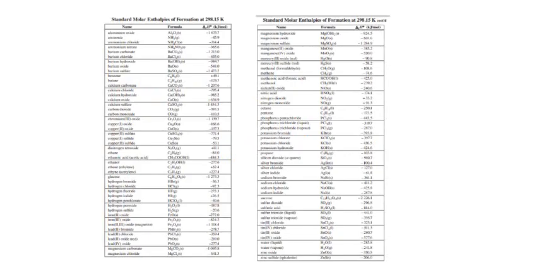So for the Thermochemistry unit corresponding to the Chemistry 30 data booklet, it gives us a table on pages 4 and 5 for the standard molar enthalpies of formation at 298.15 Kelvin.